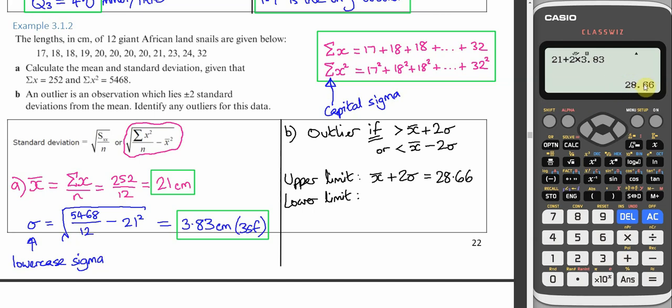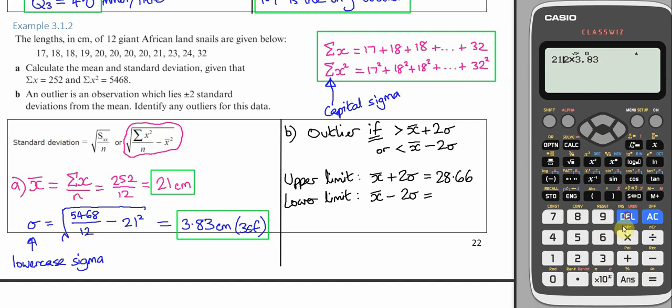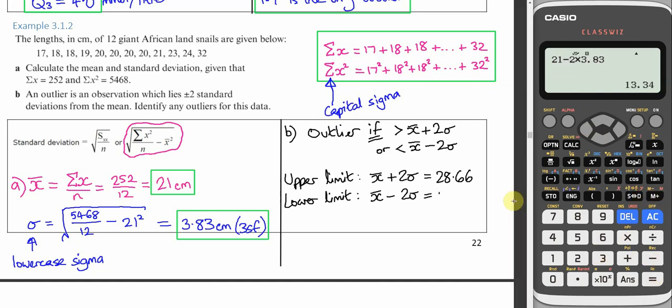So x bar, take away 2 standard deviations, just using the arrow keys, change that plus into a takeaway, 13.34.